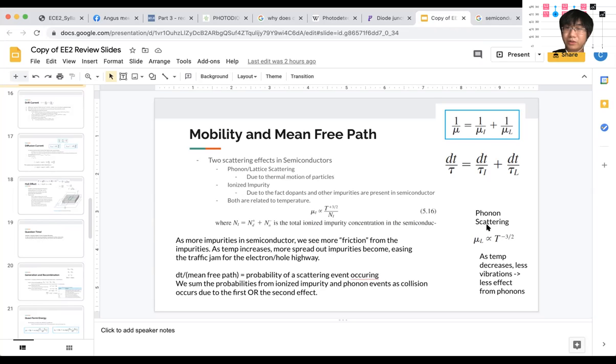Phonon scattering is proportional to T to the -3/2 power, and ionized impurity scattering is proportional to T to the 3/2 power. So that's the temperature dependence.